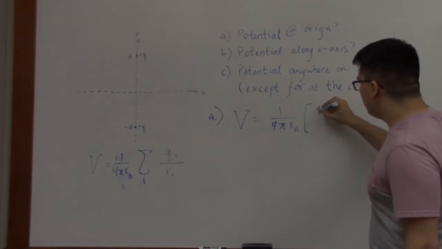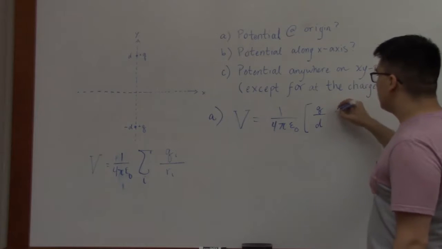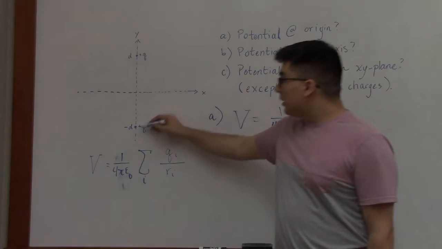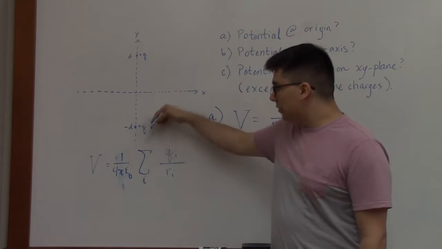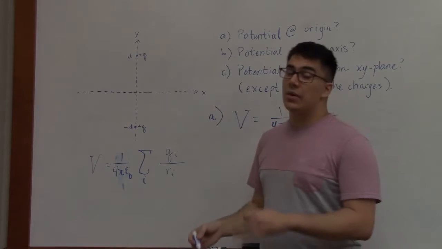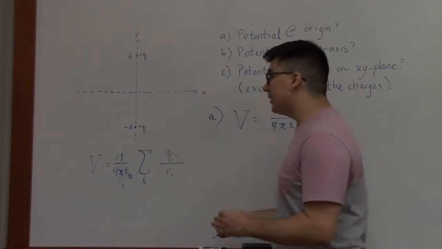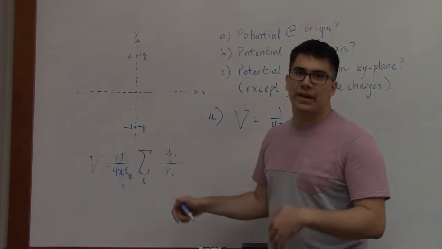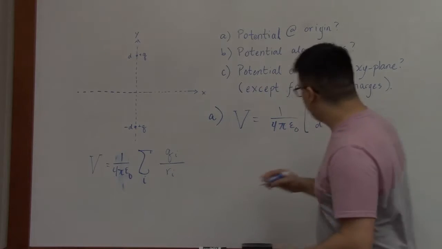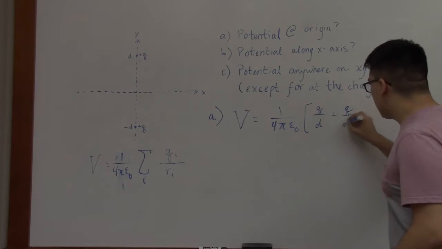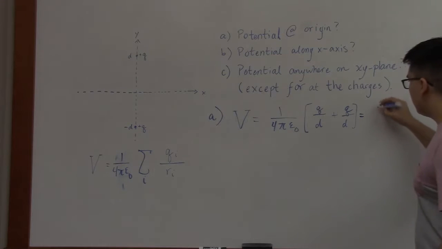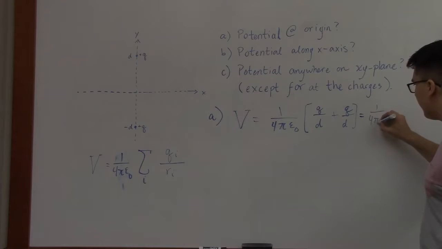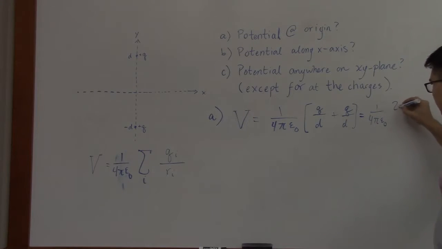So it's going to be q over d, plus this charge q over the distance d. It's not going to be negative d. It is just going to be the absolute value of the distance, the actual length. So it's going to be q over d again, which gives me 1 over 4 pi epsilon naught times 2q over d.